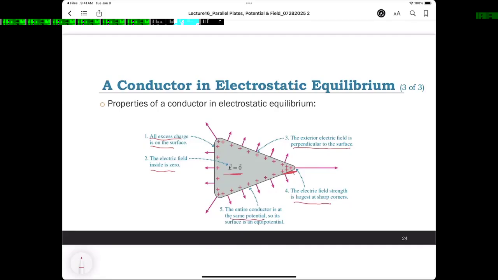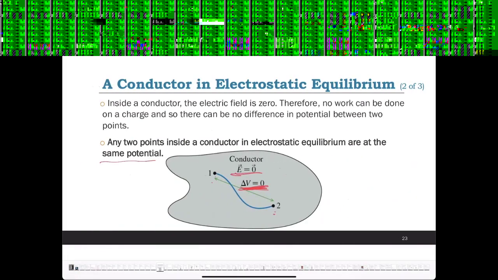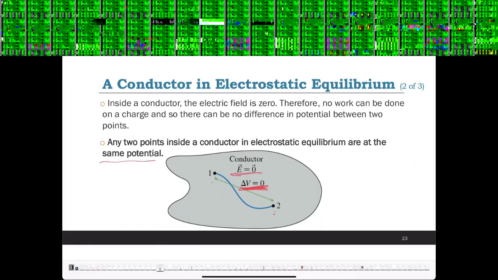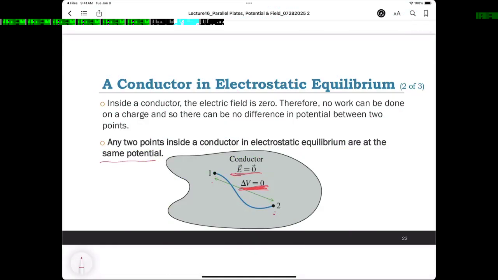The entire conductor is at the same potential, so its surface is an equipotential surface. That makes sense to you. Since any 2 points inside the conductor in electrostatic equilibrium are at the same potential, all the points inside are at the same potential, which means the surface is at the same potential too.